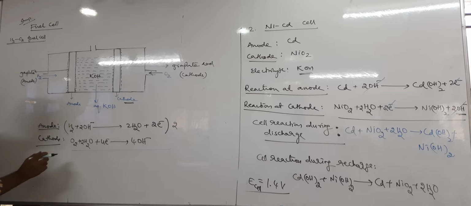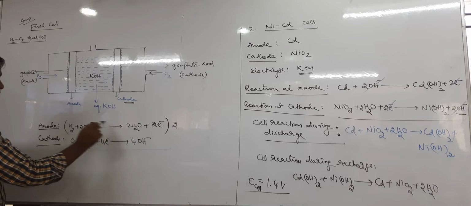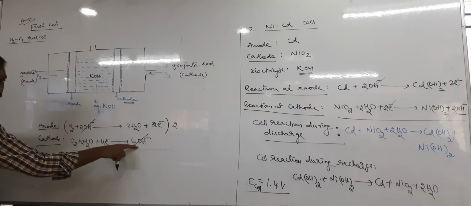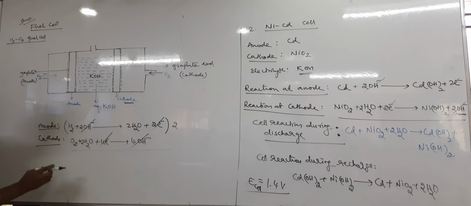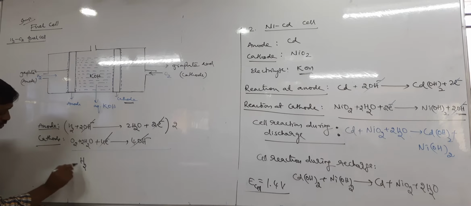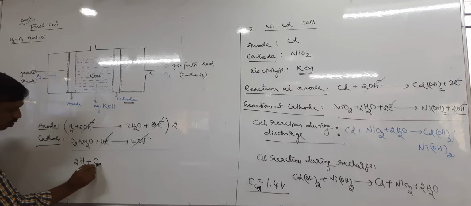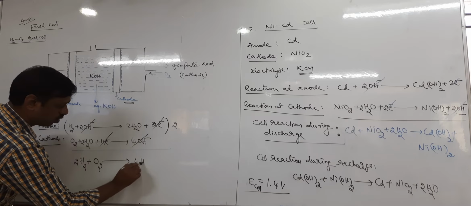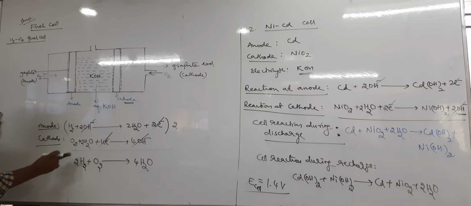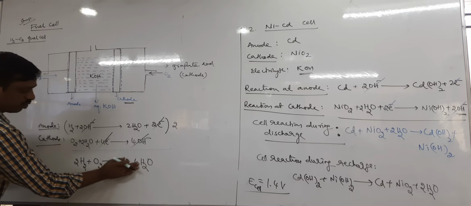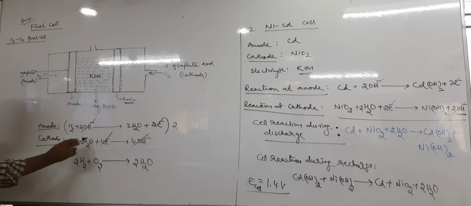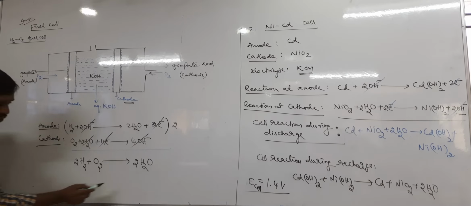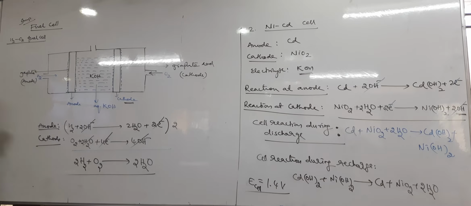After balancing: 2 H2 plus 4 OH minus gives 4 H2O plus 4 electrons, and O2 plus 2 H2O plus 4 electrons gives 4 OH minus. Adding, 2 water cancels, leaving 2 H2 plus O2 gives 2 H2O. Therefore H2 plus O2 gives H2O. This is the importance of the hydrogen oxygen fuel cell.